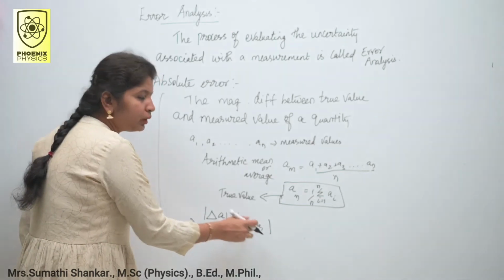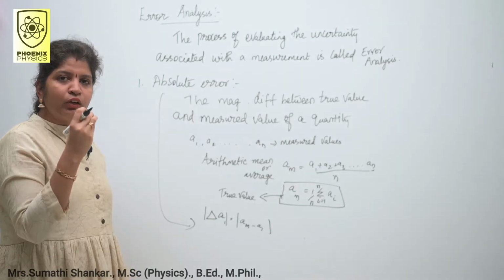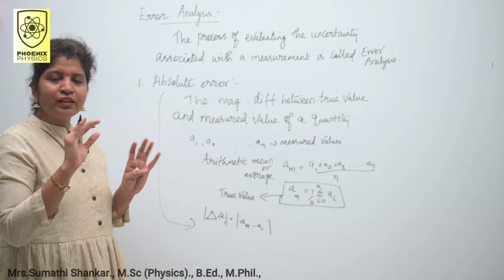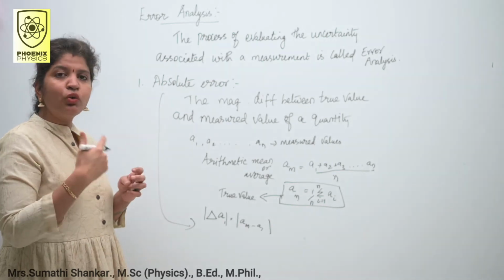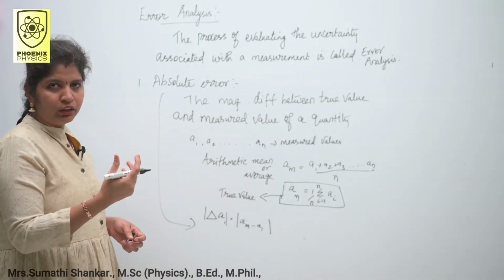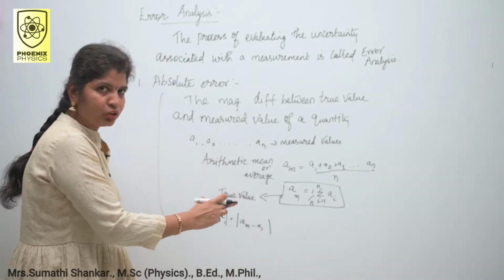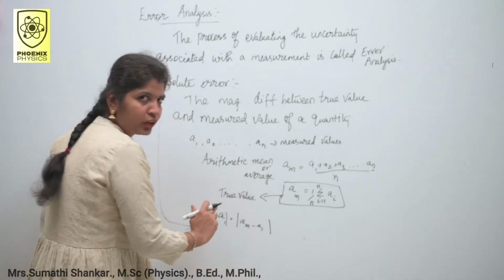Why am I taking modulus? Because we are going to calculate the magnitude of the error. We are not considering the direction. So if you get either positive or negative, we can take the positive value only because of this magnitude or modulus symbol. Up to this clear? So delta A1 is equal to modulus of AM minus A1.